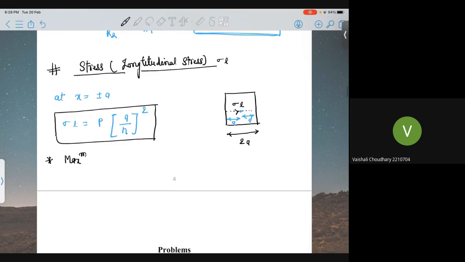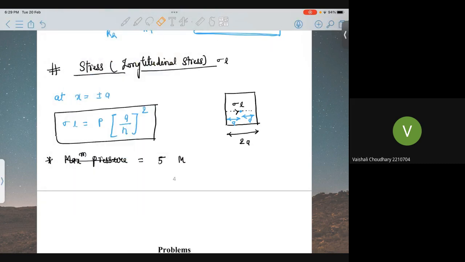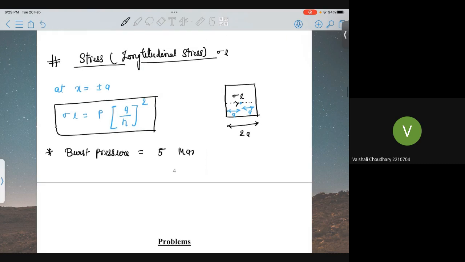So the burst pressure is 5 times the maximum operating pressure.